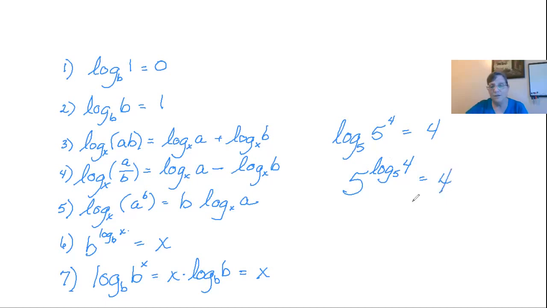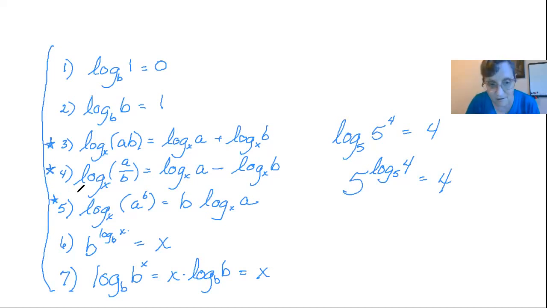Don't know what the exponent is, but the answer is going to turn out to be 4. So these are your main exponent logs. And these 3 are what we use to expand and condense different phrases, different exponents that involve logarithms.